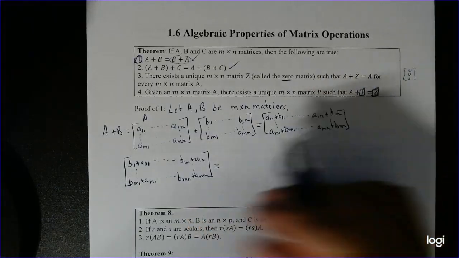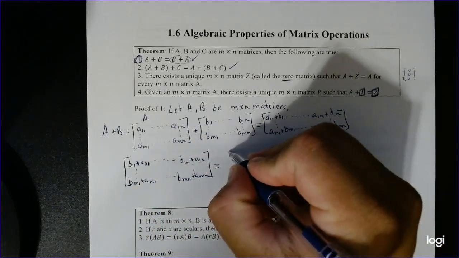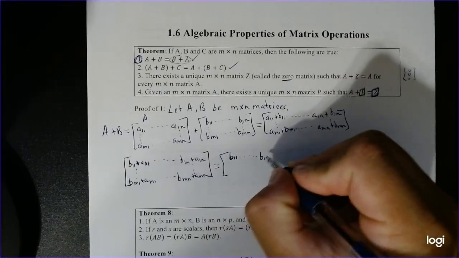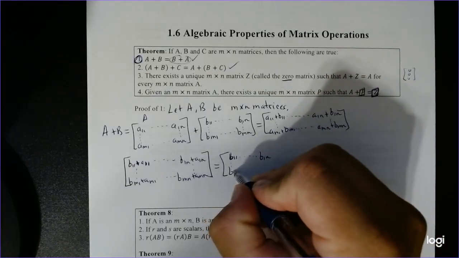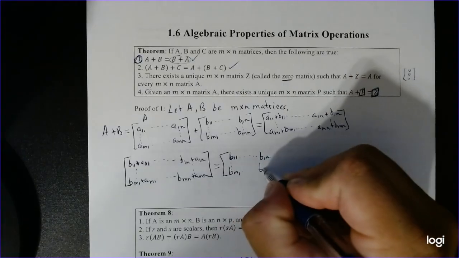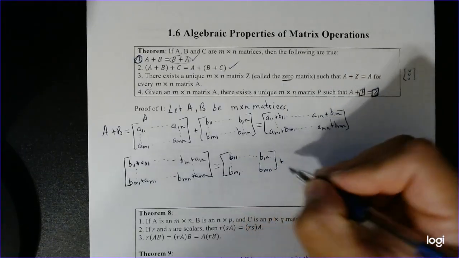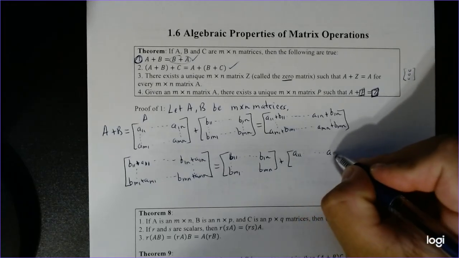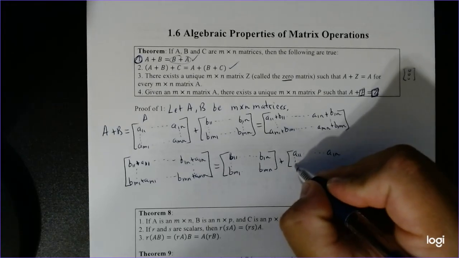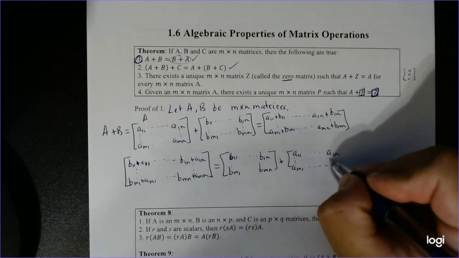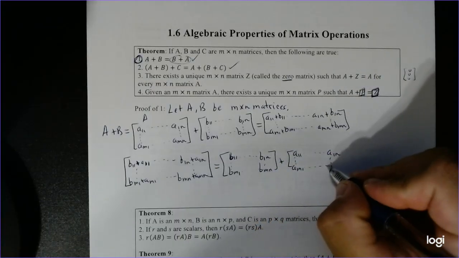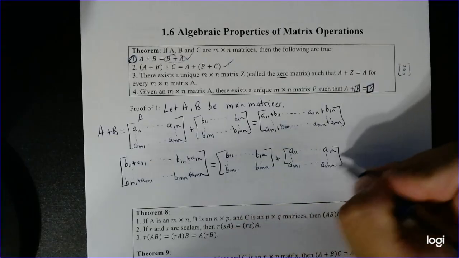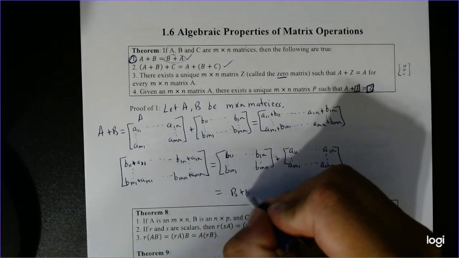Okay, well, now if I split this up, this is technically matrix B with this entry, plus A. So this is B plus A.